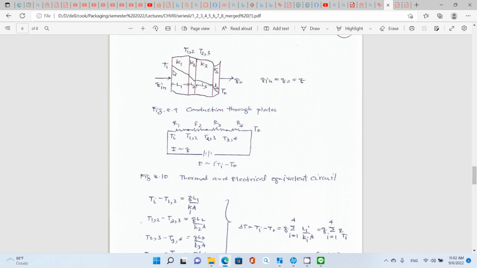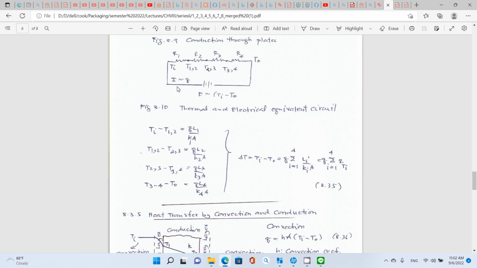You can set our equation: Ti minus T12 is going to be Q times RT1, where RT1 is equal to L1, the length, divided by K1 multiplied by the cross-section area. The cross-section areas are the same. Same for T12 minus T23, that's equal to Q RT2. You add the four equations together.